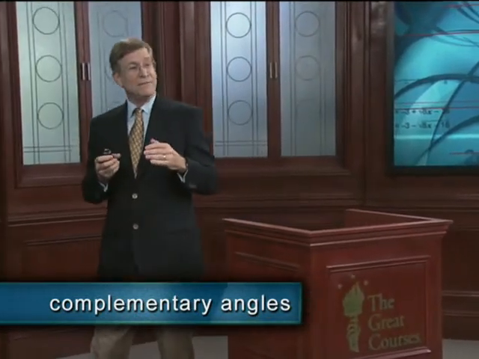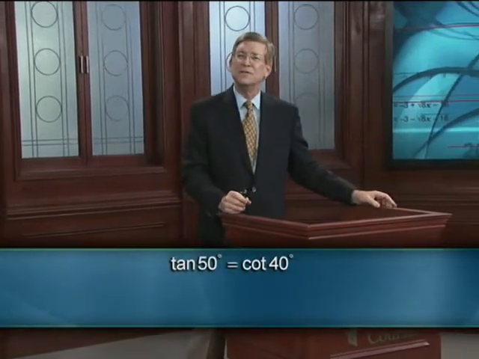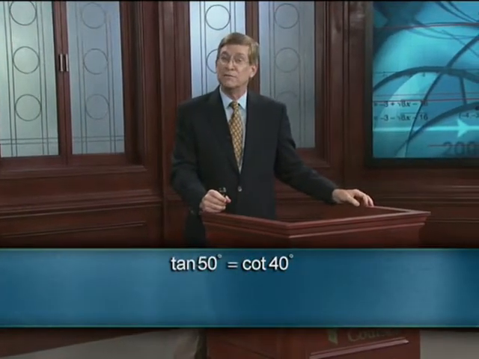And here's another fact about trigonometry. Cofunctions like sine and cosine, tangent and cotangent, secant and cosecant. Cofunctions of complementary angles are always equal. For instance, you can check this on your calculator. Calculate the tangent of 50 degrees and the cotangent of 40 degrees.